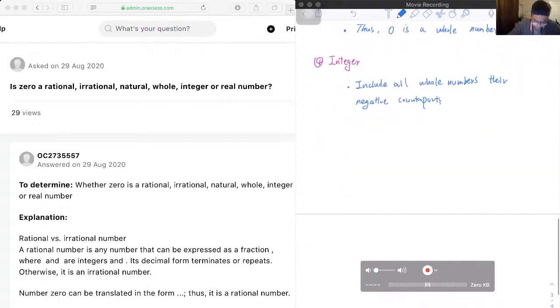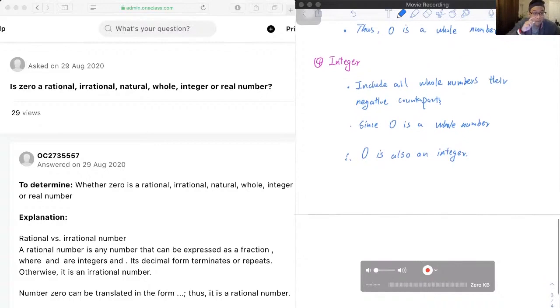Coming back to the integer part, integers include all whole numbers and their negative counterparts, and since 0 is a whole number, we can write our conclusion that 0 is also an integer.